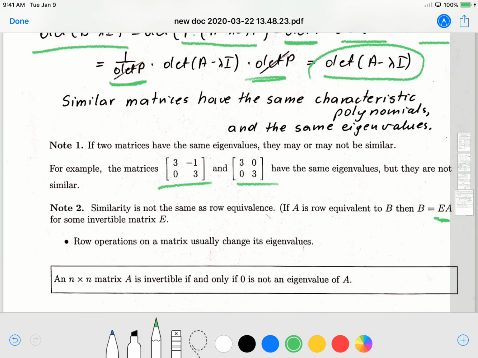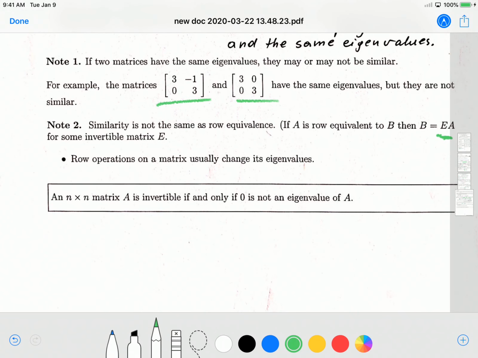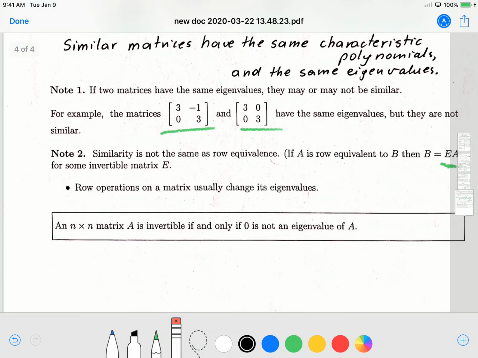So the original matrix and the reduced matrix would have different eigenvalues. For an n by n matrix A, A is invertible if and only if 0 is not an eigenvalue of A. Sometime later we will see why this statement is true. I believe that's everything we have for this section.